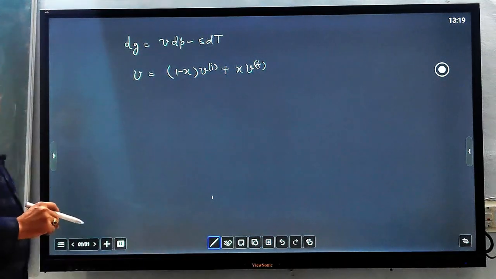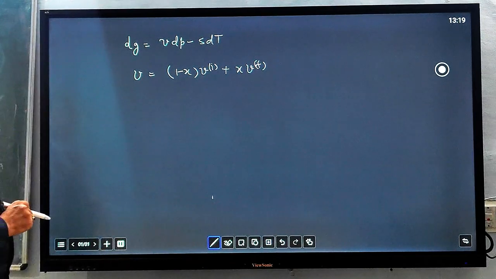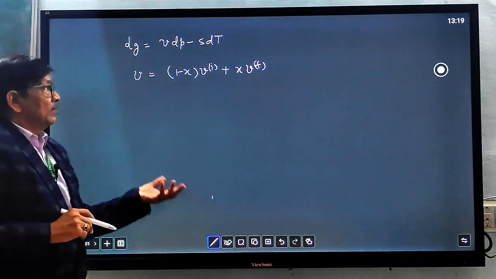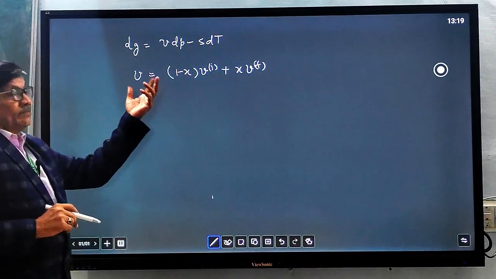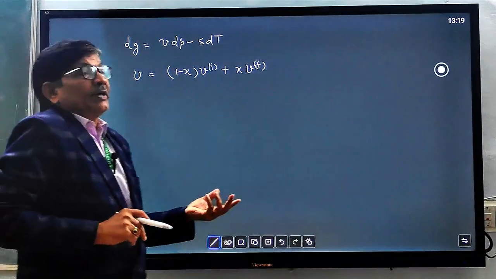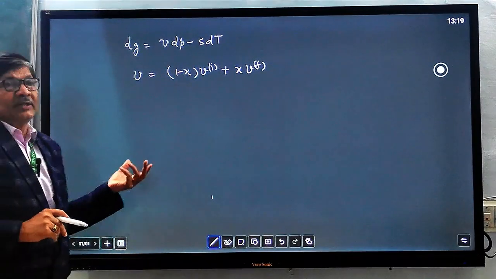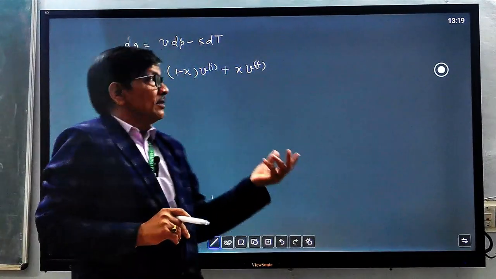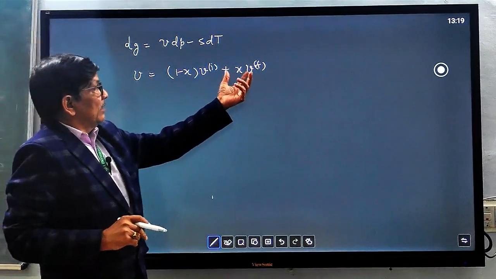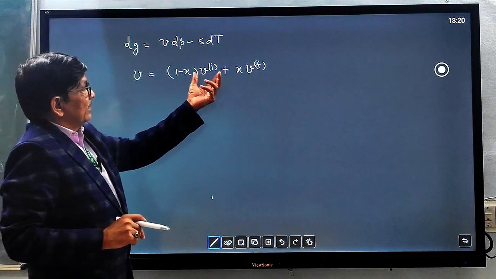So the volume of the substance at any stage during phase transformation, the specific volume in meter cube per kg, is given with x as the fraction of the phase that changes. If a solid is changing to liquid, x is the fraction of the solid changing into liquid, and the remaining (1 minus x) Vi is the initial solid state.